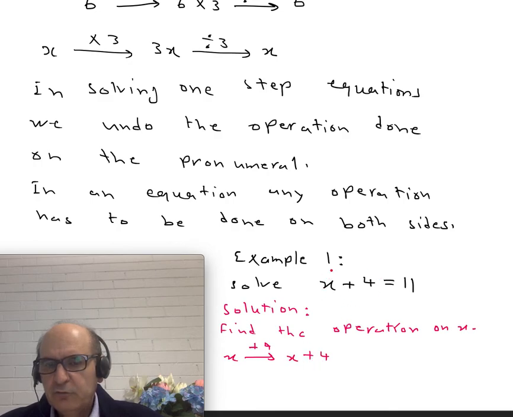Now I want to go from x plus 4 back to x. What I need to do is the opposite operation to what has happened, which is take away 4. Because here I added 4. Now, if I did that, I end up with x. Okay, this guides me as to what operation I need to do.